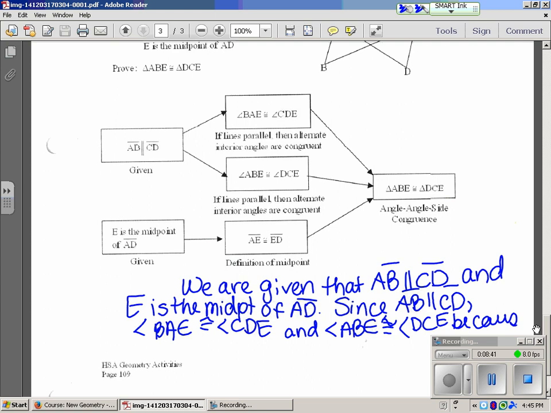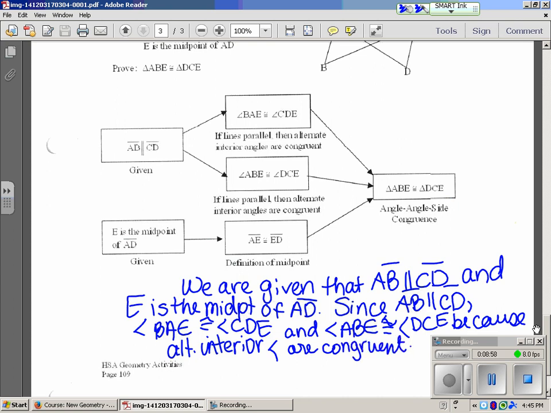Because, and then put your reason in here underneath. So, because alternate interior angles are congruent. I like to still put my abbreviations in.